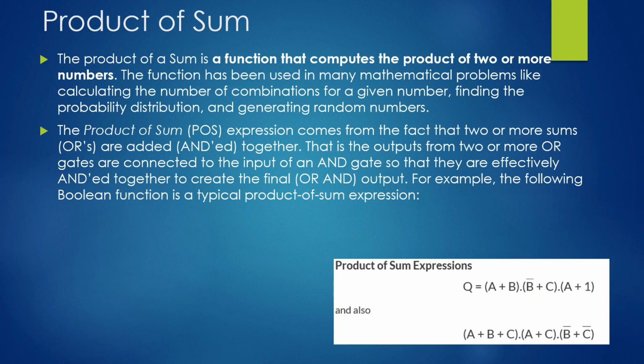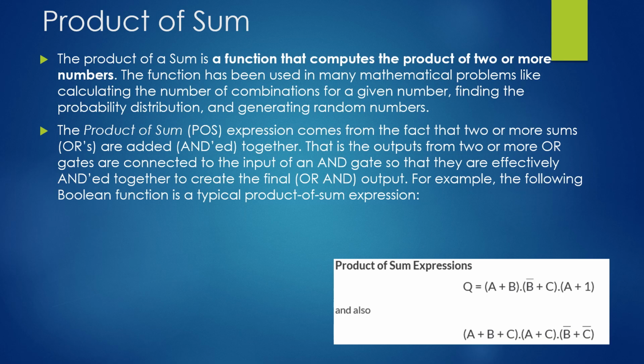And product of sum is a function that computes the product of two or more numbers. The function has been used in many mathematical problems like calculating the number of combinations for a given number, finding the probability distribution, and generating random numbers. POS comes from the fact that two or more sums are multiplied together.